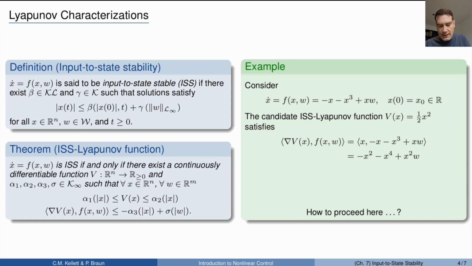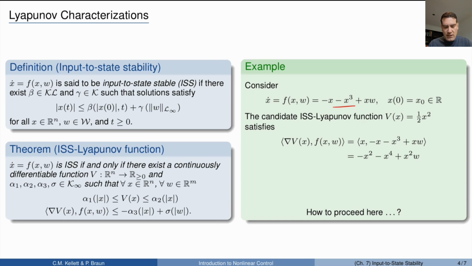So here we look at x dot is equal to minus x cubed plus xw. This minus x cubed term is a new term compared with the previous analysis. We have seen that without this term minus x cubed, the system is not input to state stable. So let's have a look if it is input to state stable with this additional term.